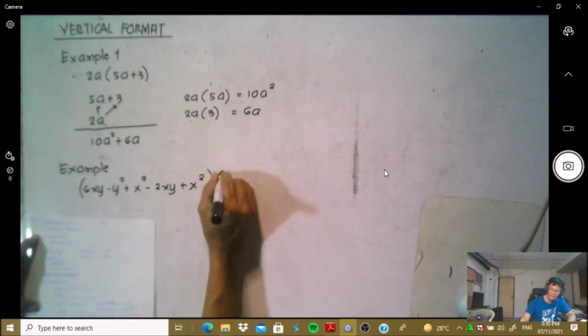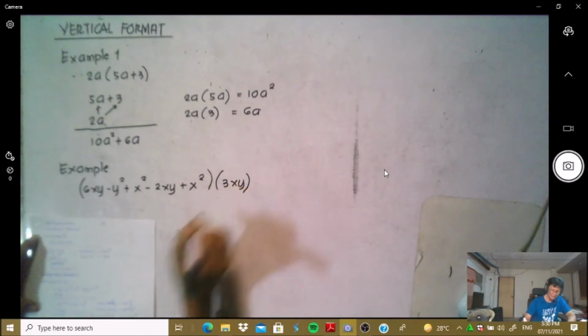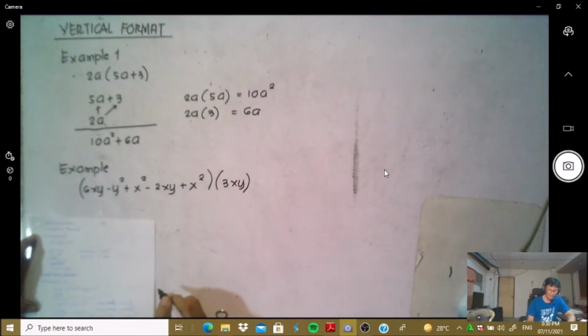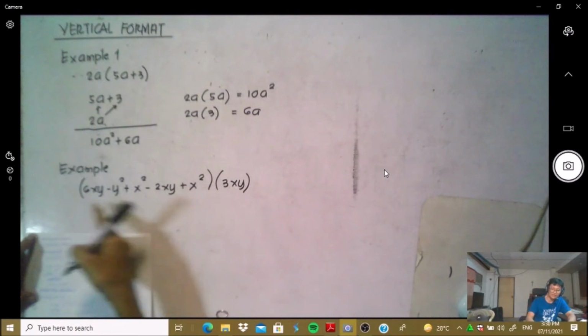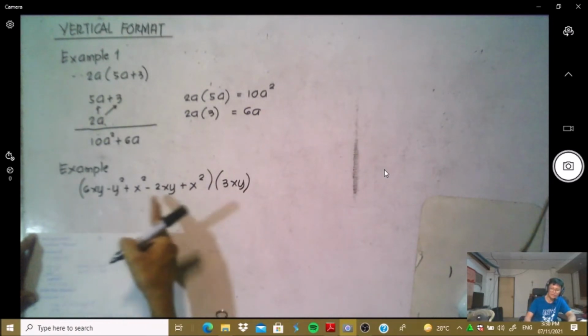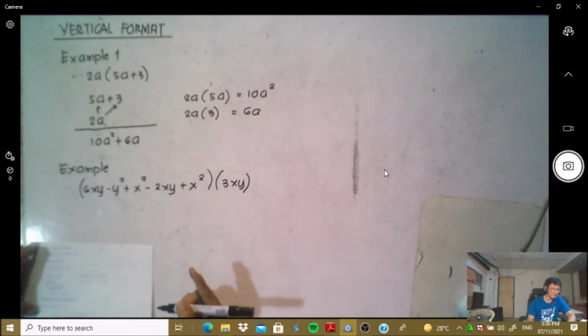And therefore, because this is a monomial, this is a trinomial, the least one will be the multiplier, I should say.